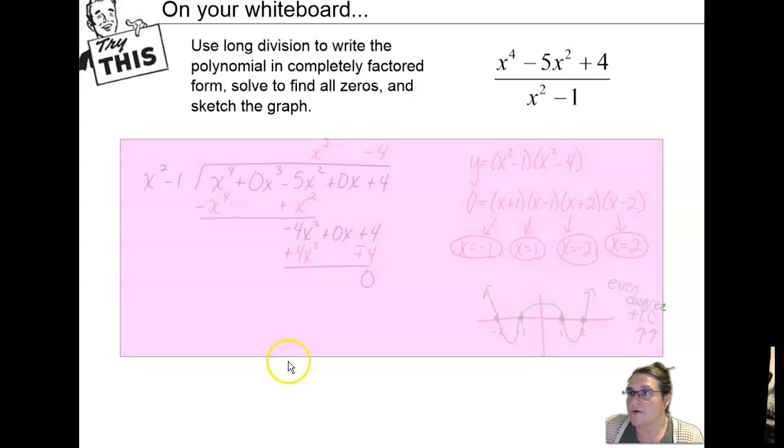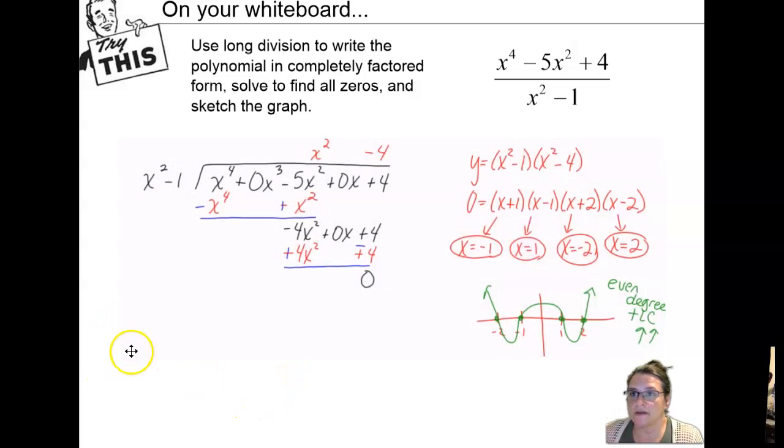Okay, so here is the solution. I took the divisor, x squared minus 1, and I divided it into x to the 4th minus 5x squared plus 4. I put the zeros in for the missing place values here in my dividend, but I did not remember to put them in to my divisor.